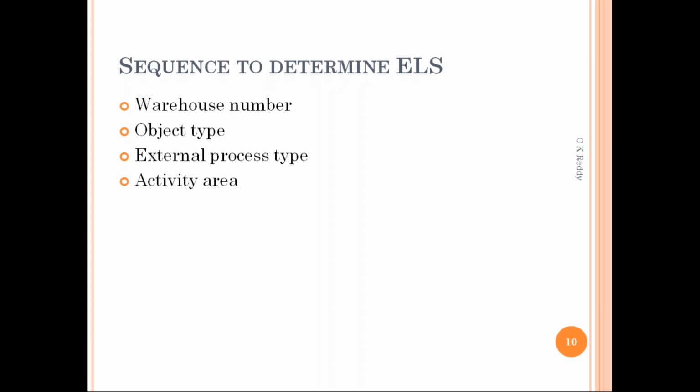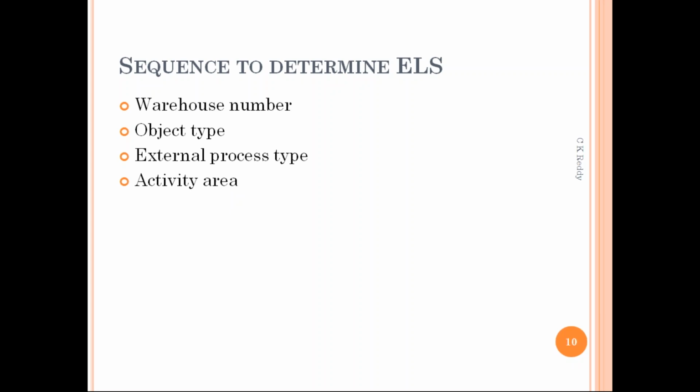Object type is what we can see in the system at the time of warehouse task or warehouse order and so on. And the external process step, that is our external process step, and also the activity area. Why have they given us the external process step and the activity area also? First, we can think about the importance of the activity area.